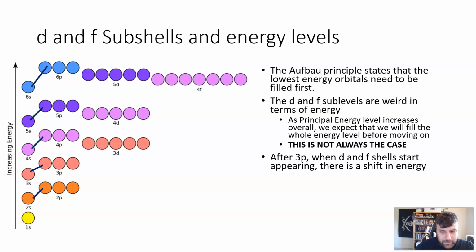But as we can see, our 4s sublevel, 4s is actually lower energy than the 3d sublevel. Same goes for 5s compared to 4d, and even 6s compared to 4f and 5d.